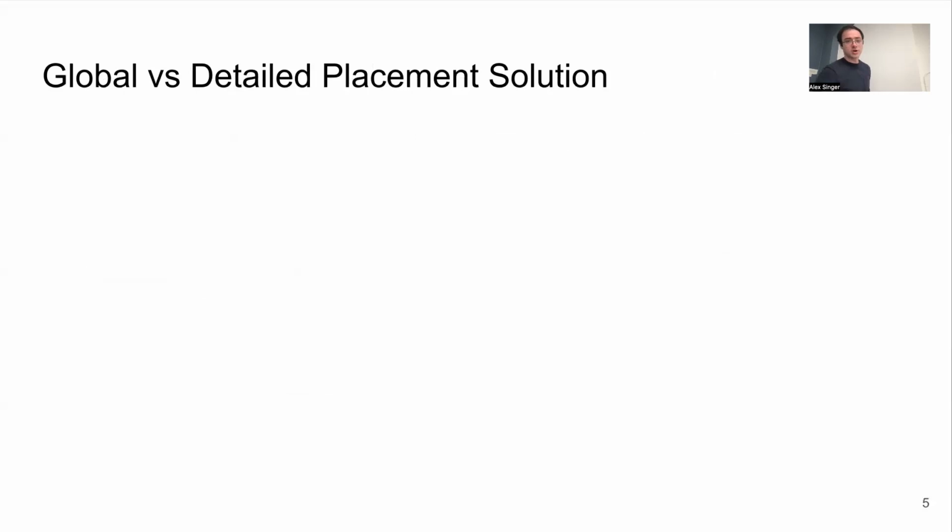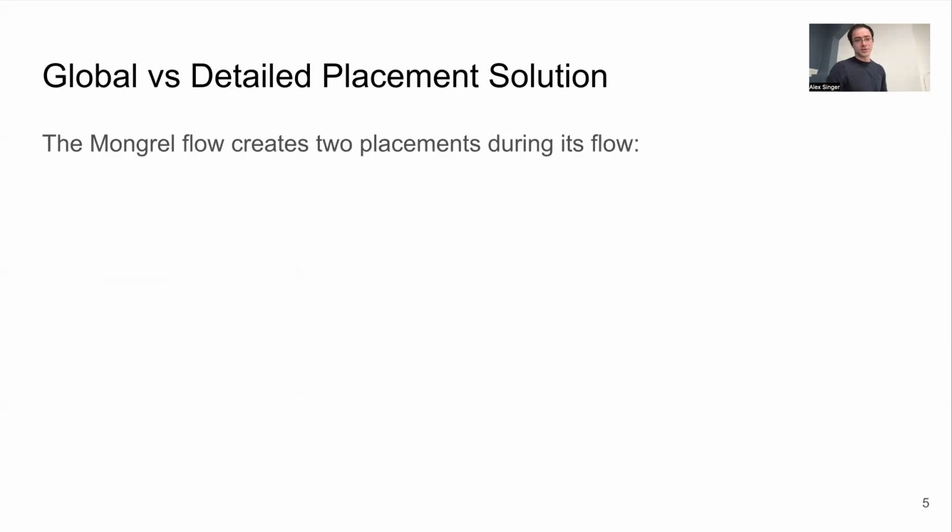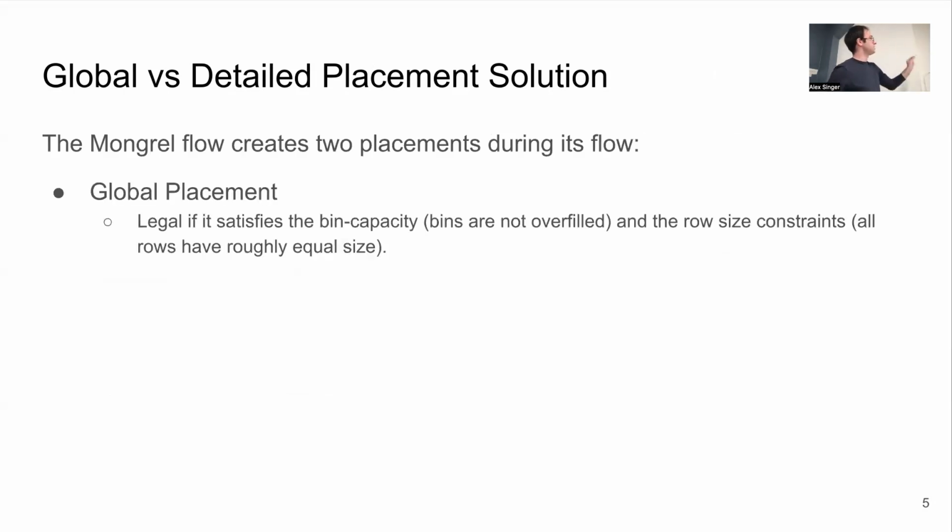Cool. So this is one last preliminary before we get into the actual algorithm. They make a distinction between a global and a detailed placement solution for standard cell ASIC. Mongrel creates these two. We have the global placement, which is legal if it satisfies the bin capacity.